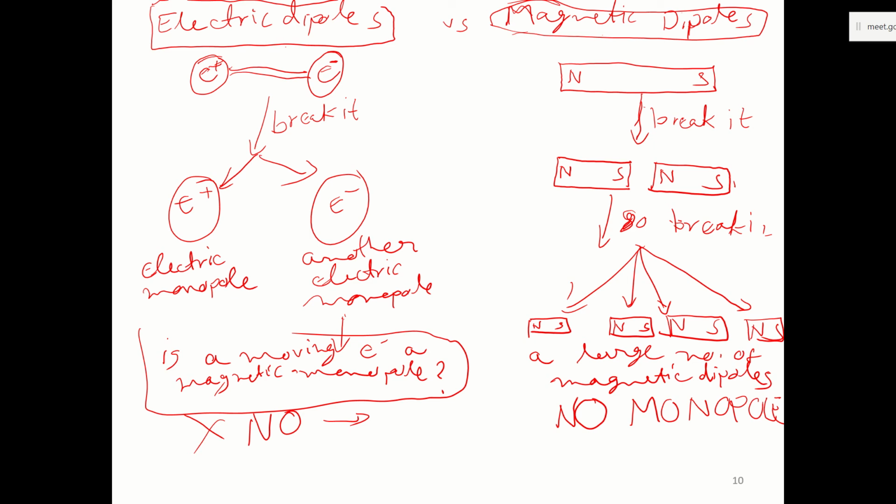So the electron also behaves as a tiny magnet, and that tiny magnet is a magnetic dipole. It is still a magnetic dipole.